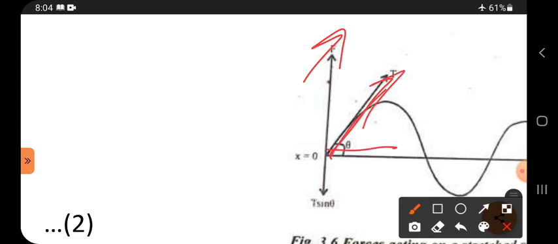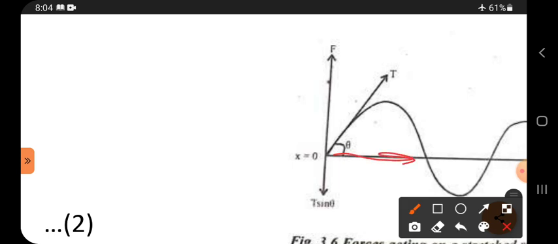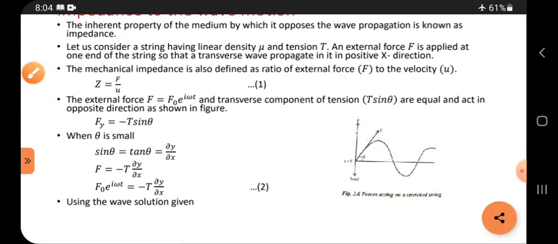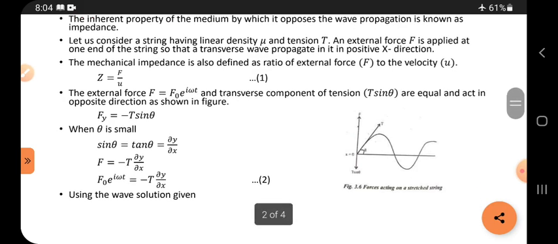Just resolve this point like this, then we get T sin theta, with cos theta in this direction and sin theta in this direction. I already explained that in many videos, please watch those videos.